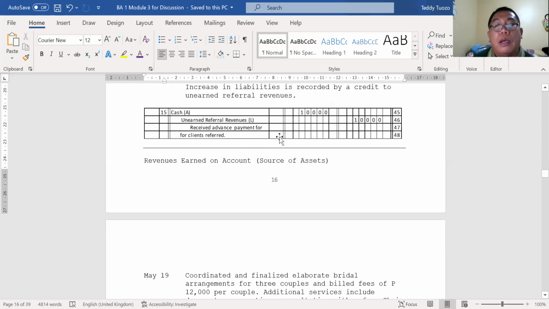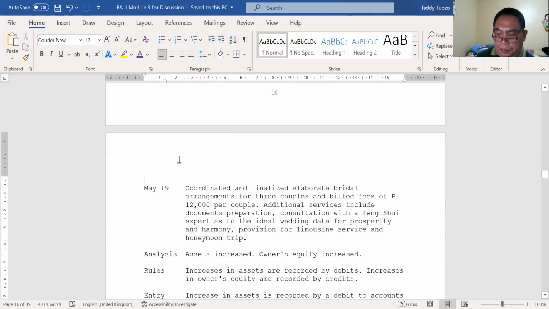It must stay within the account titles and explanation column only. Your continuation on the first line of the explanation should be placed under the credit entry. If you cannot fit it in the space, your continuation should be placed under the credit entry. You have to take note of that.